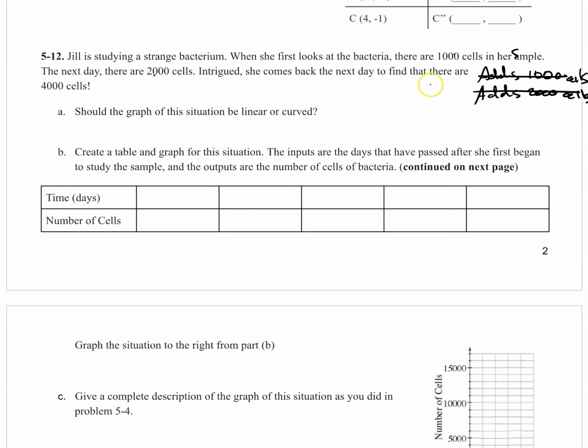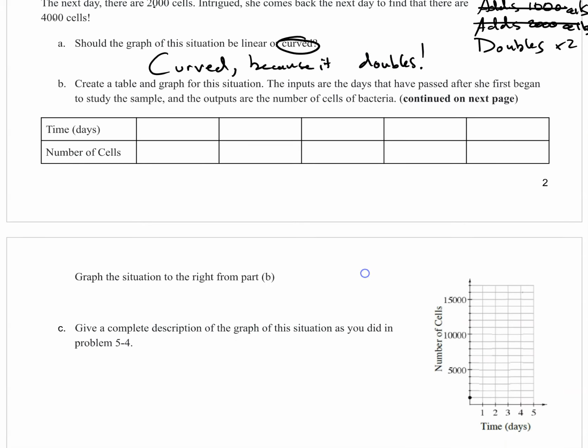Well, let's think about it as doubling. It doubles, right? So 1,000 to 2,000, that's times 2. 2,000 times 2 is 4,000. So it's curved because it doubles. And we'll see that in a minute on the graph.